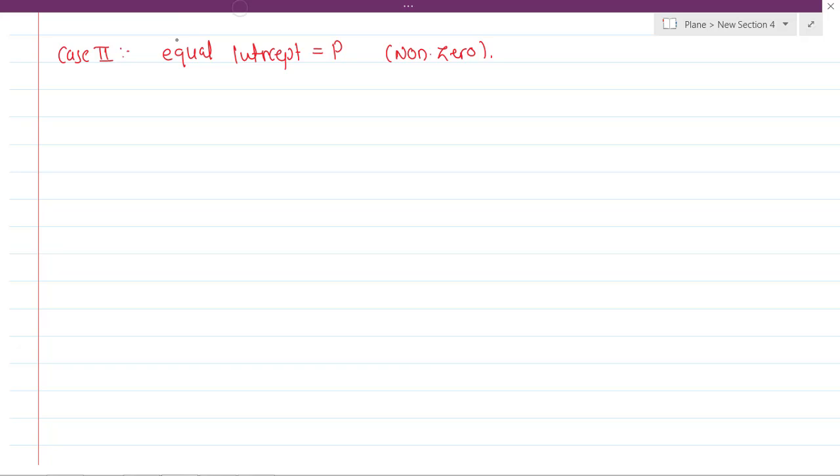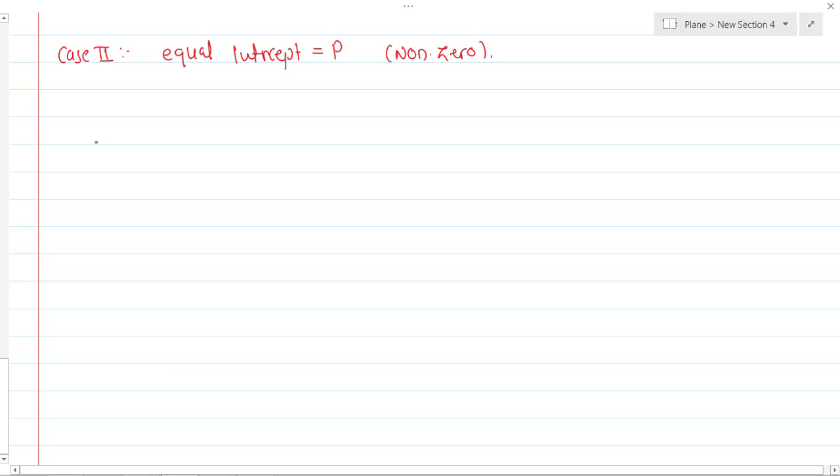Okay, so in that case what can be the equation of a plane? Yes, it is ax plus by plus cz plus d equals 0. Now we have this d. Let's take ax plus by plus cz equals minus d.